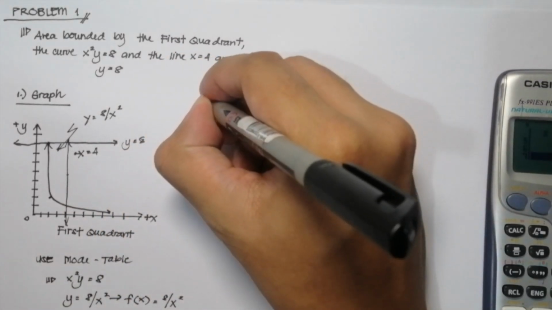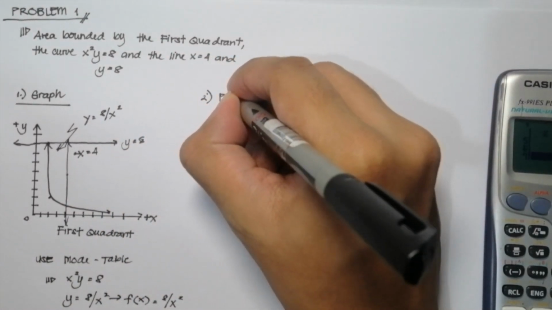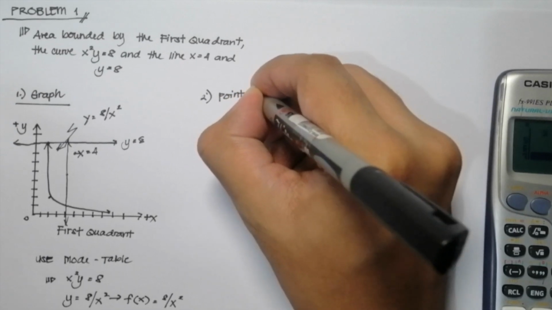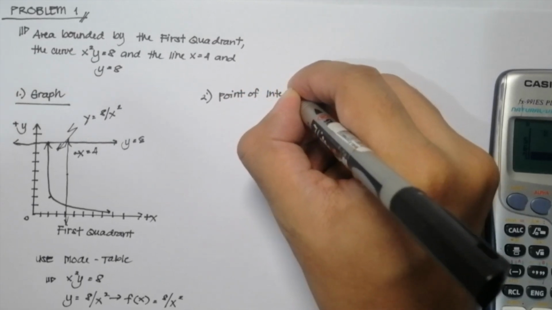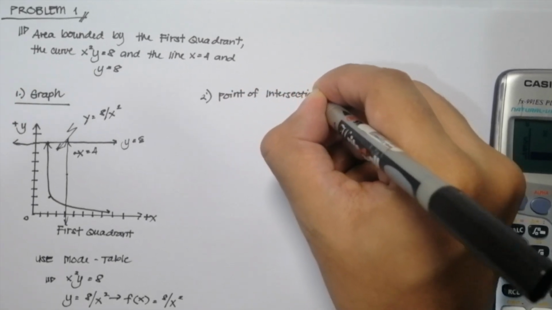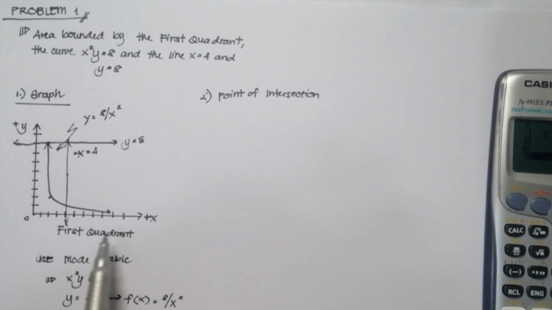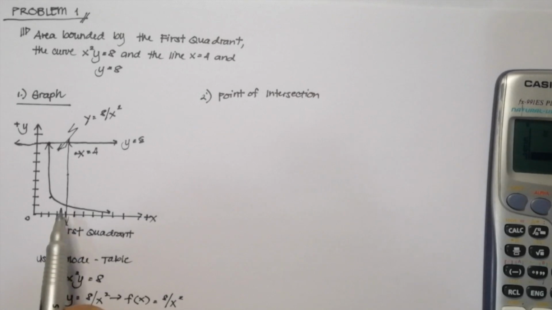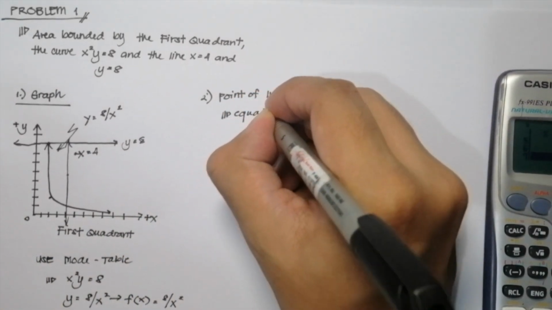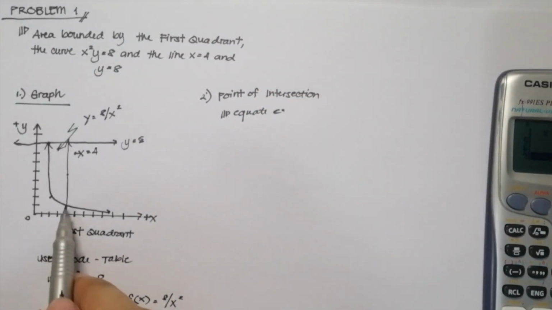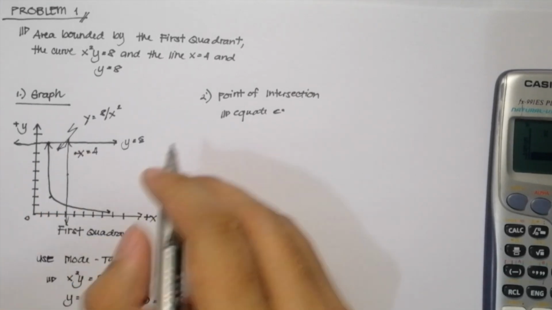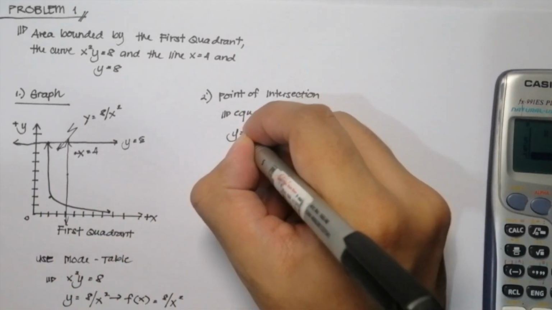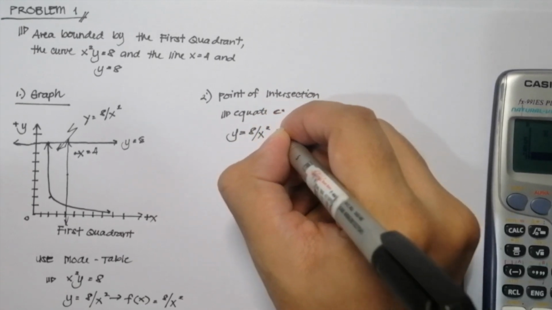Next step is to determine the points of intersection. To determine the points of intersection, we can equate our curves and our lines. So in this case, this is our point of intersection. We equate the curve and the line x is equal to 4. So we equate the curve y is equal to 8 over x squared to x is equal to 4.